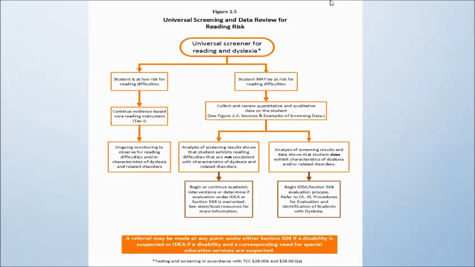This slide shows the universal screening and data review for reading risk flowchart, which provides information regarding the decisions schools will make for each student as the school reviews screening results. It is important to remember that at any point in the process, a referral for dyslexia evaluation may be made either under Section 504 if a disability is suspected, or under IDEA if a disability and a corresponding need for special education services are suspected.